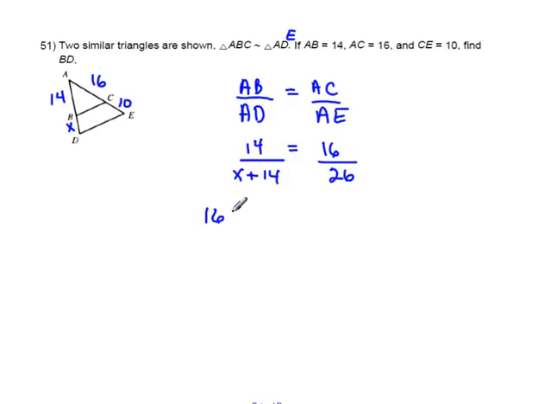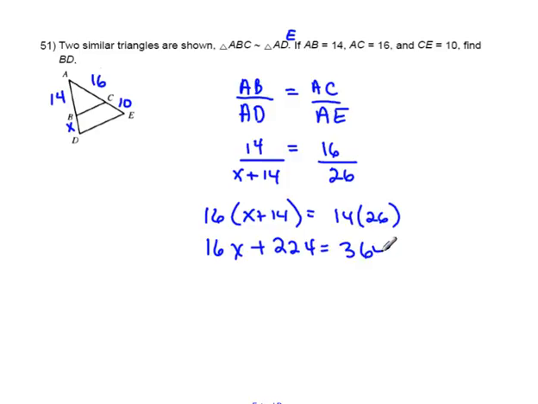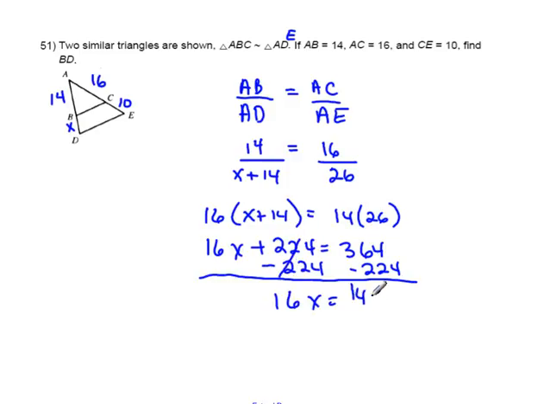So 16 times x plus 14 equals 14 times 26. Well, on this left side, we're going to distribute. So 16x plus 224 equals, and here we're going to multiply, 364. And once you've done that, it's a fairly simple equation to solve. We'll subtract 224 from both sides. 16x equals 140.